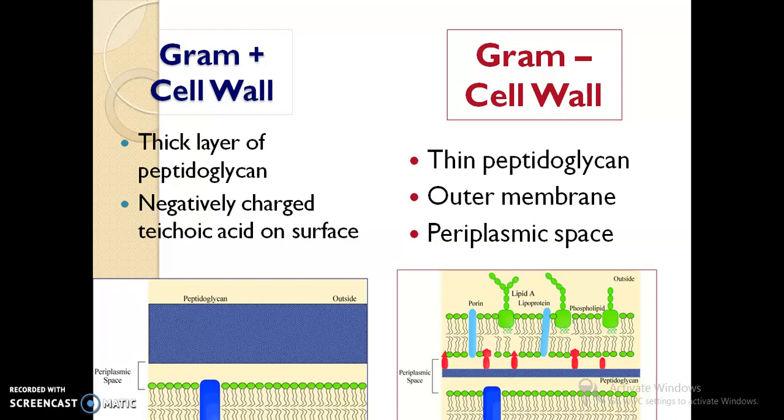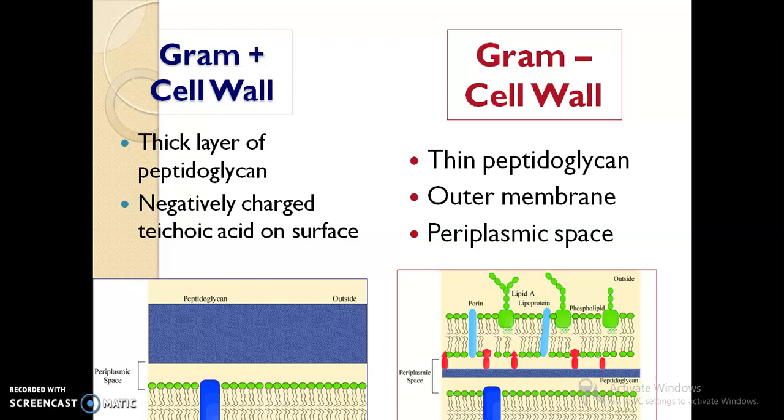What are the different characteristics between the gram-positive and gram-negative cell walls? The very first one is thickness. Gram-positive cell walls are thicker, and gram-negative cell walls are thinner. The variety of amino acids is few in gram-positive cells, and in gram-negative cells there are several amino acids.